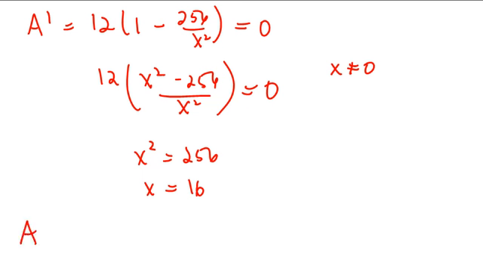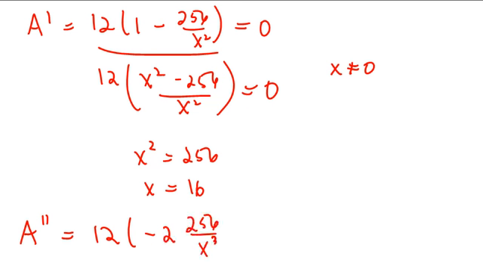I'm going to use the second derivative test, which means I'm going to take the second derivative here, and that's 12 times the second derivative of this expression, which will be 2 times 256 over x cubed.